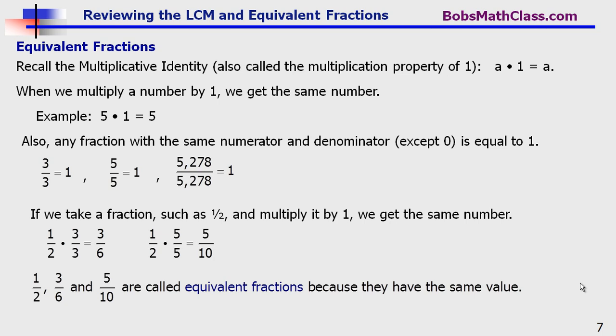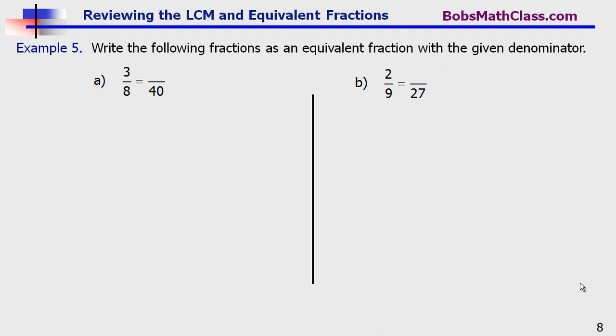Okay, let's go on. Write the following fractions as an equivalent fraction with a given denominator. So we already have a fraction, our first one is 3/8, but we want the denominator to be equal to 40. I wrote it below again.